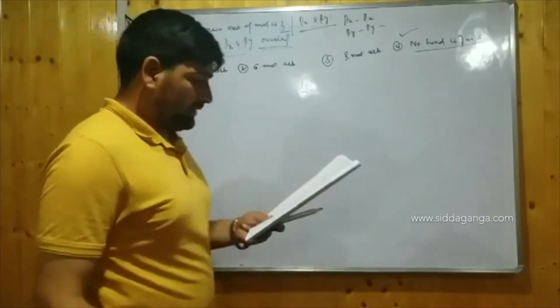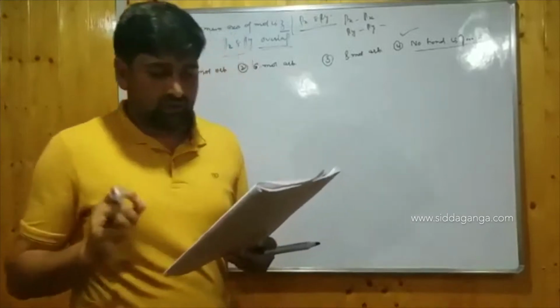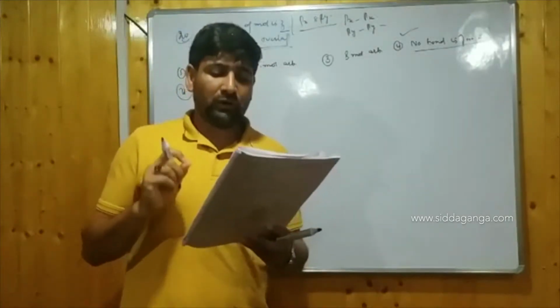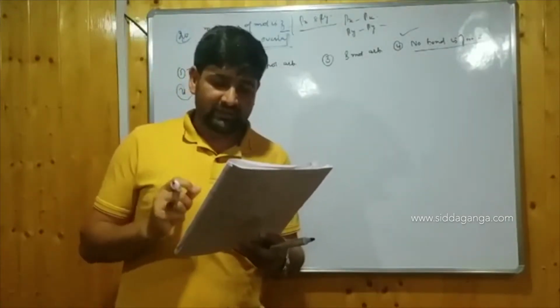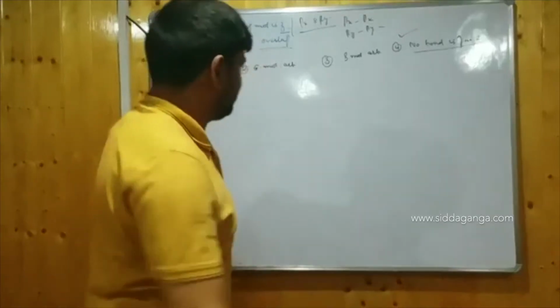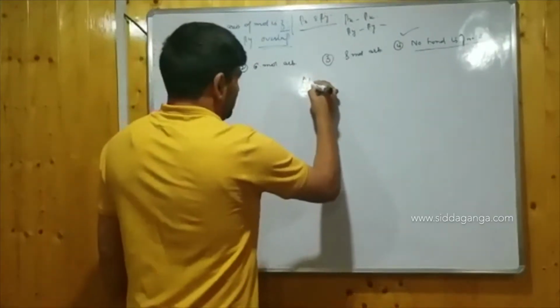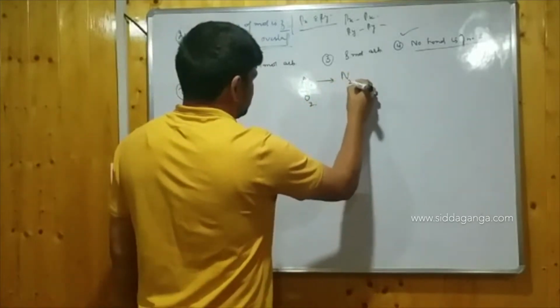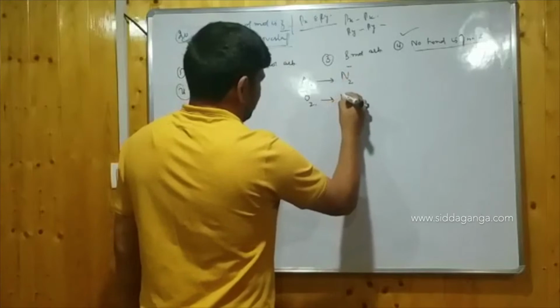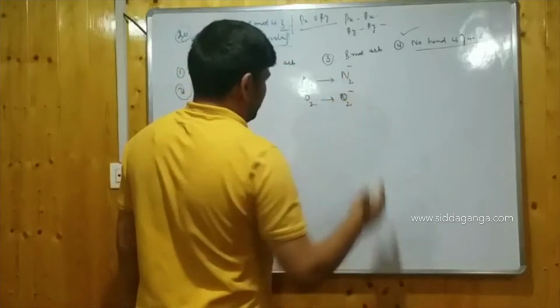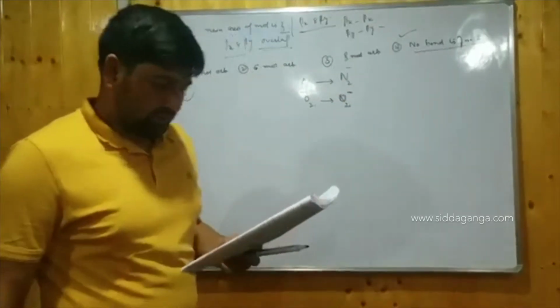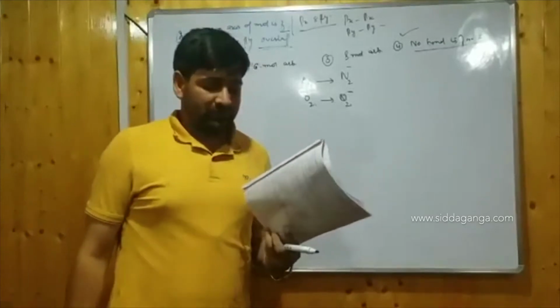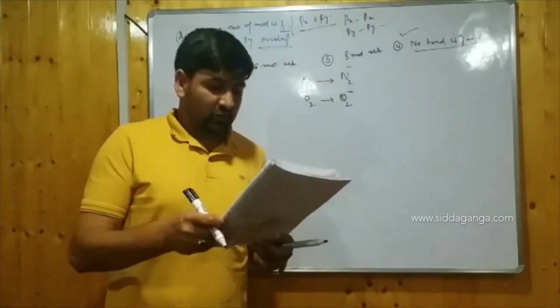It is N2 and O2 are converted into monoanions N2 minus and O2 minus respectively. So our question is N2 and O2 are converted to monoanions N2 minus and O2 minus respectively. Which of the following statement is wrong?